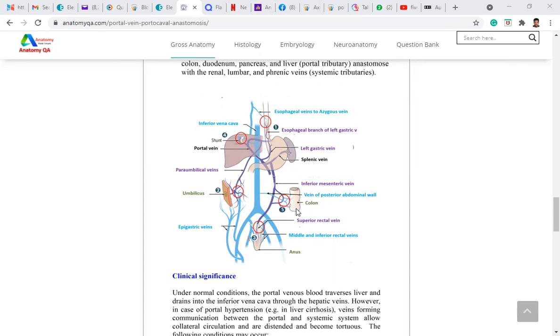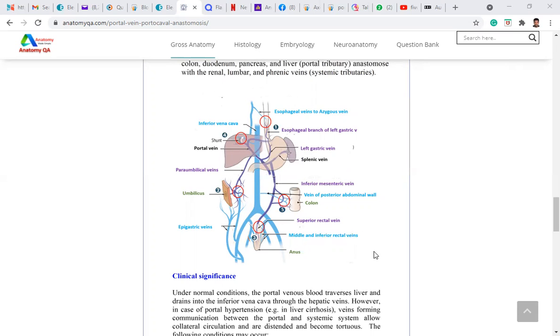Okay, so here there is no name for the clinical effect when there is portal hypertension. And then the last one we said is the anastomosis between the portal vein and the inferior vena cava. And this leads to patent ductus venosus.